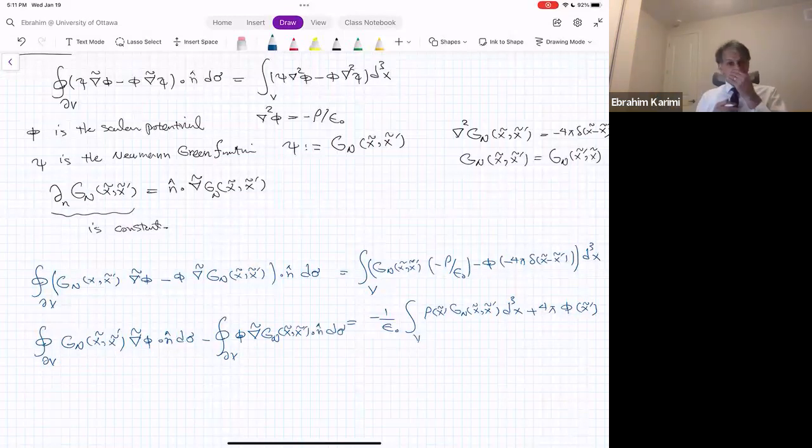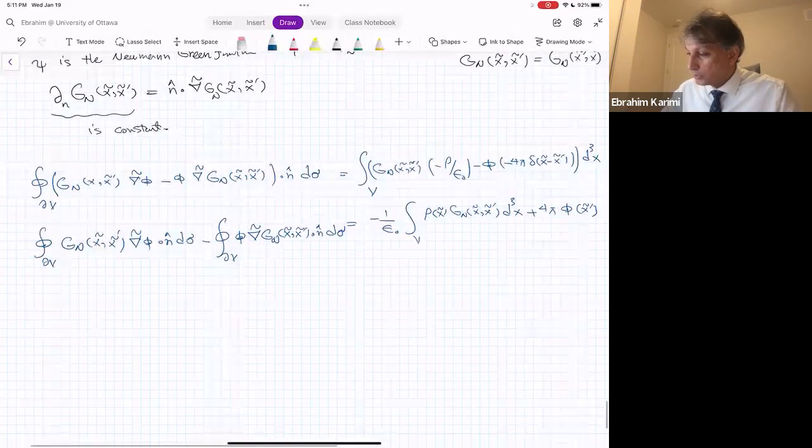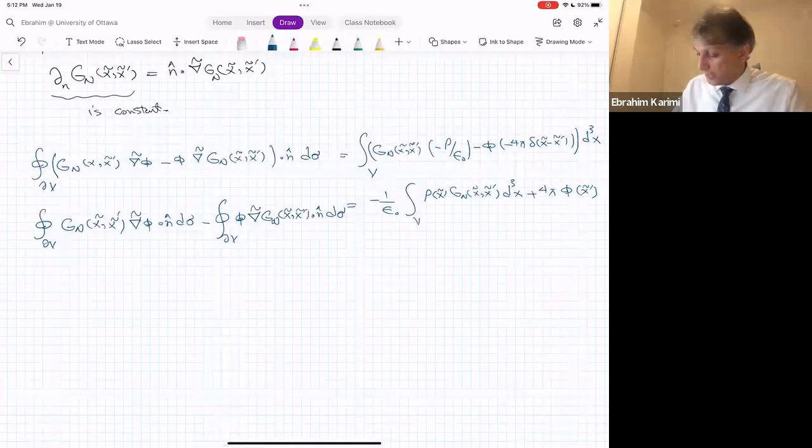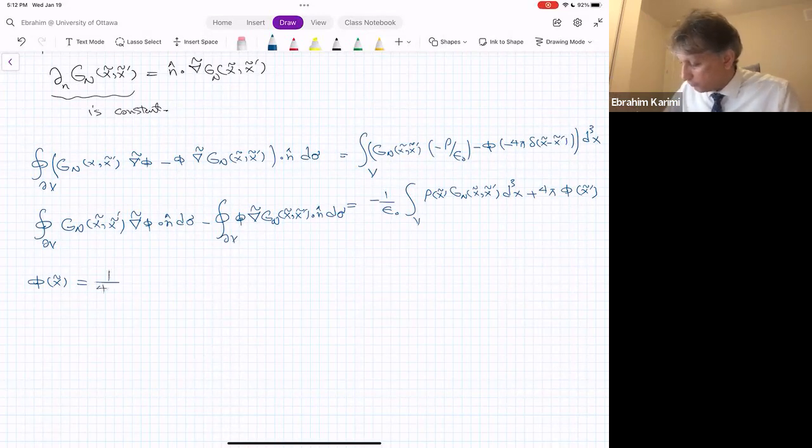All right. So I will calculate what's going on with phi of x now, dividing both sides by 4 pi, and then taking the other terms to the other side. I will get 1 divided by 4 pi epsilon naught integral of rho of x, G_N of x and x prime, d3 of x.